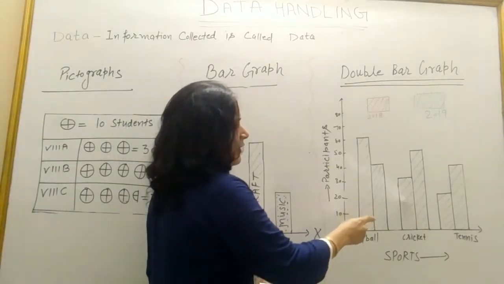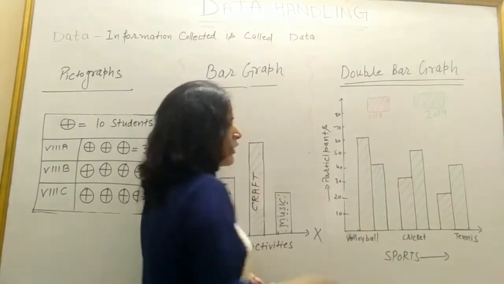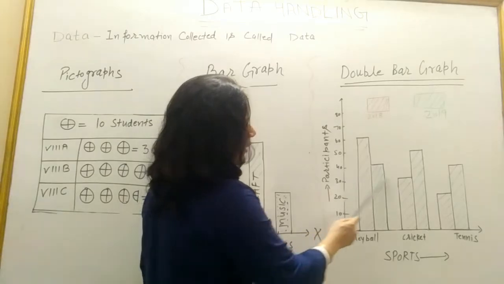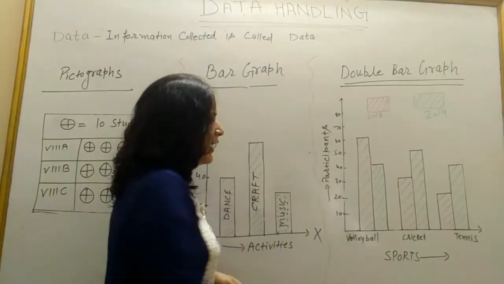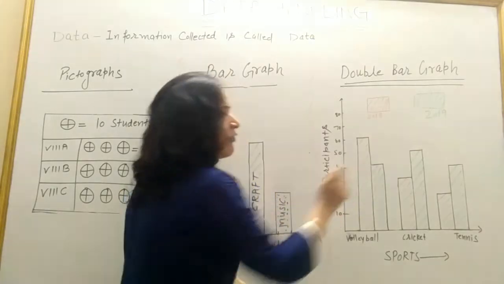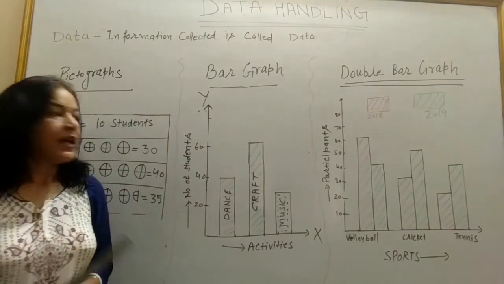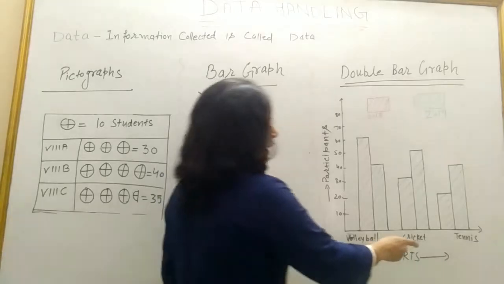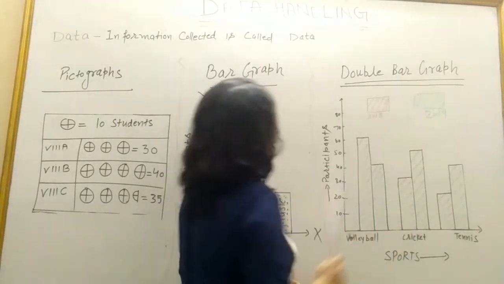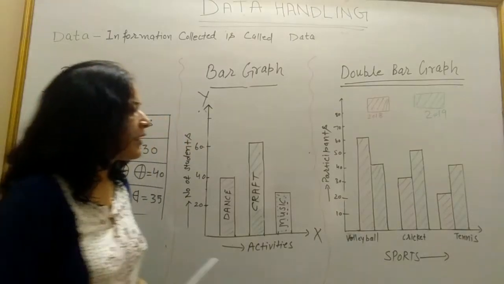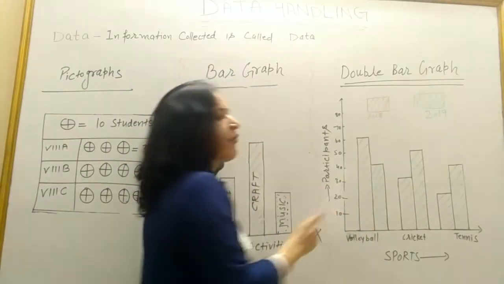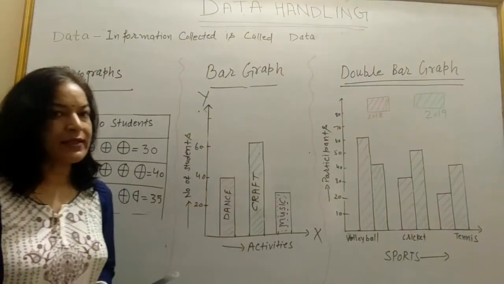This red bar is representing 2018. So in 2018 it is joined by 30 students and in 2019 cricket is joined by 50 students. In a similar way, tennis in 2018 by 20 students and in 2019 by 40 students.